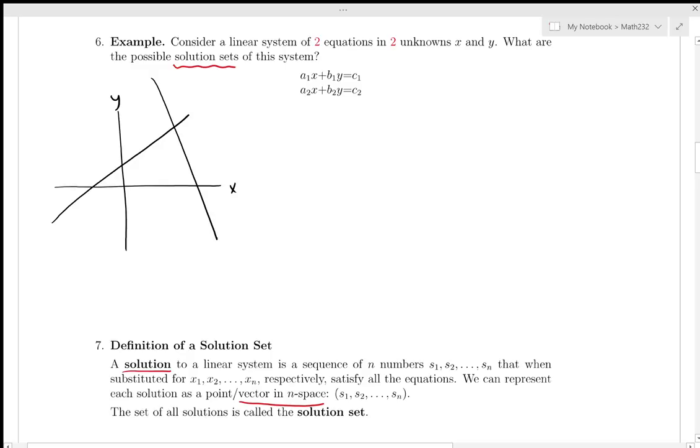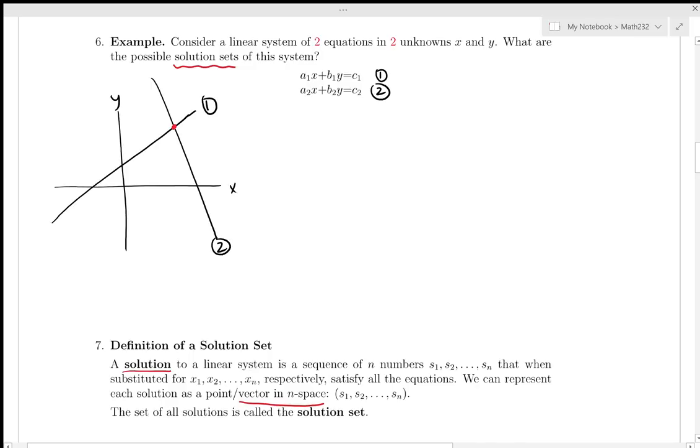Line 1 is all of the points that satisfy equation 1. Line 2 is all of the points that satisfy equation 2. And in this drawing, there is exactly one point that satisfies both of them. That is this point here, the intersection point.